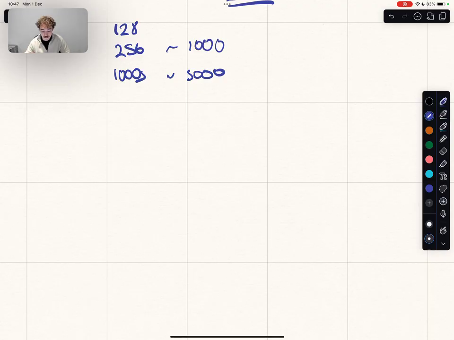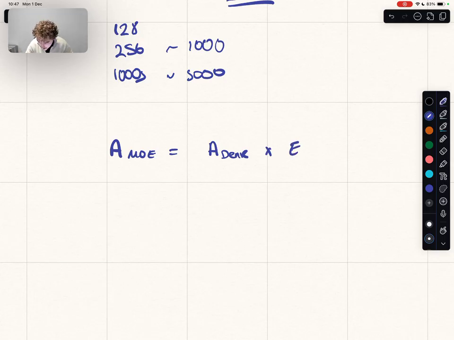I'm not going to get into what we mean by MOEs, or the details of this, but what's important to note is that when you use a mixture of experts model, your arithmetic intensity, I'll call that A_MOE, so the arithmetic intensity of the MOE is equal to the arithmetic intensity of the dense model, that would be the arithmetic intensity of the dense model if it just had one of the experts in the MOE, times the number of experts, divided by the number of experts per token.